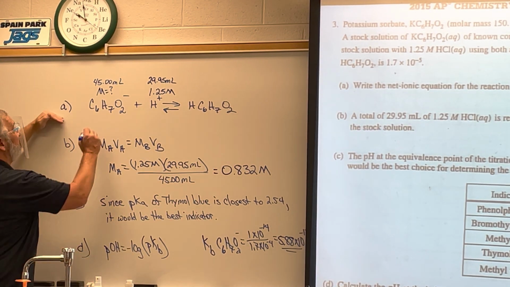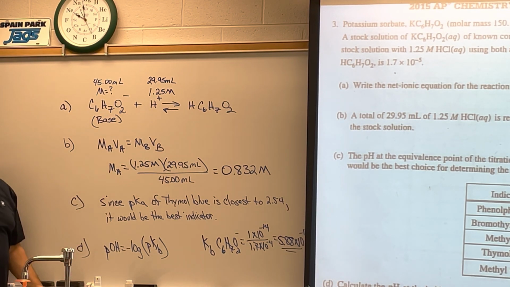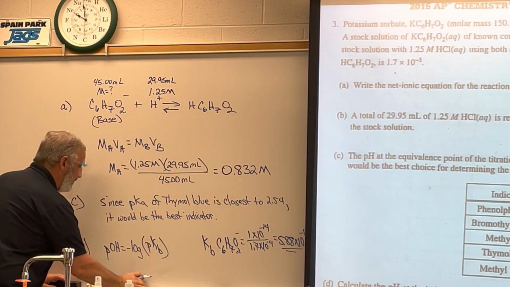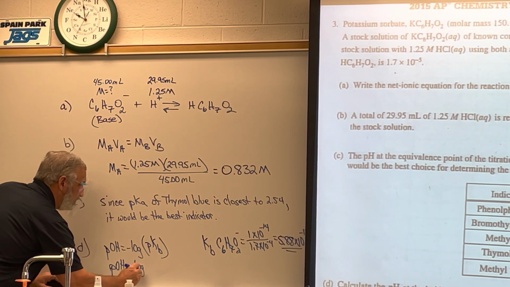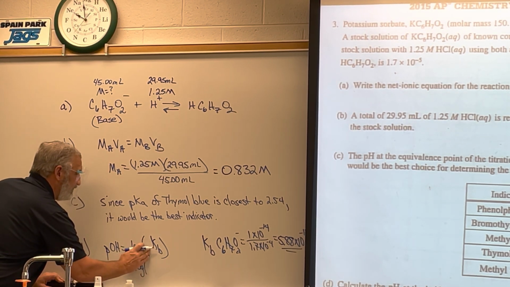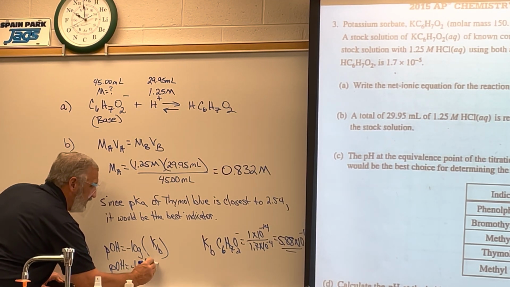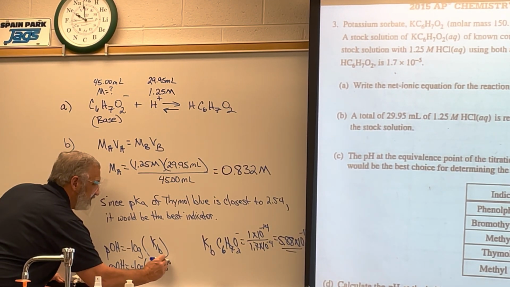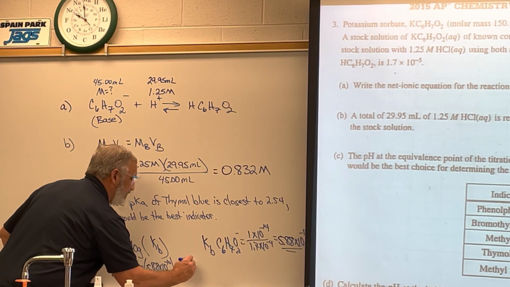It's very important you understand that this is a base. You cannot use Ka for a base. It's got to be Kb. So now I say the pOH is equal to the negative log of the Kb, not the pKb, the negative log of Kb, which is 5.88 times 10 to the minus 10. 9.23.